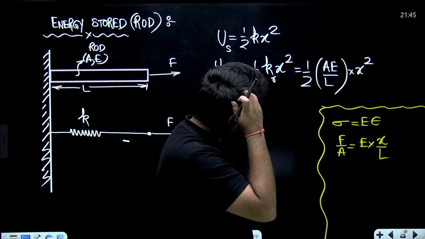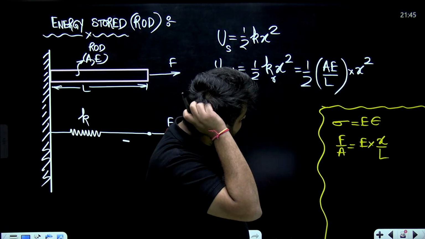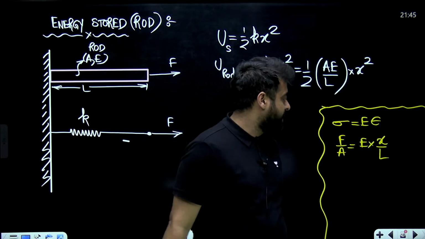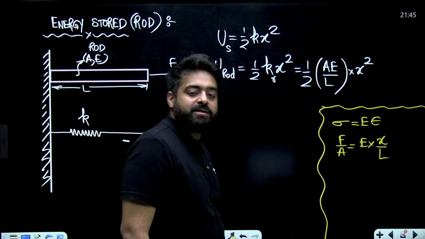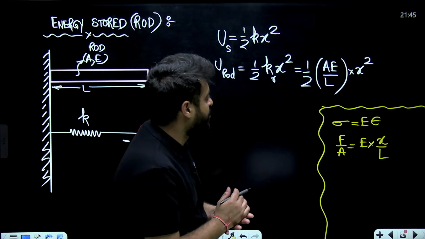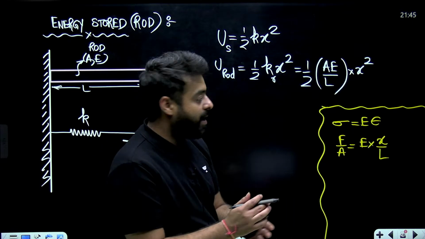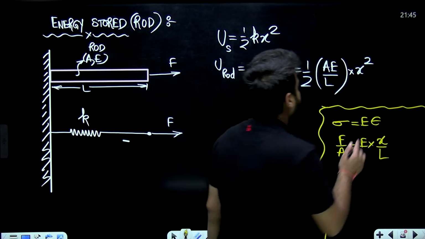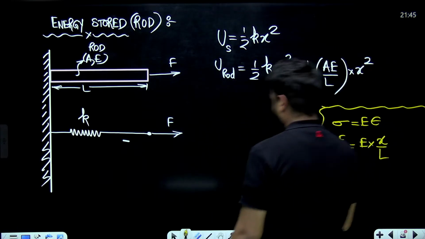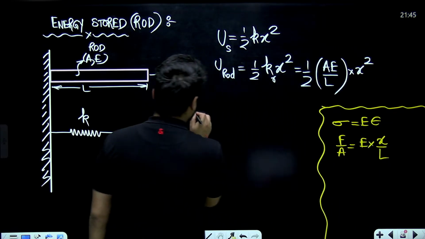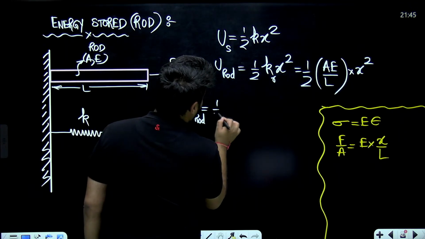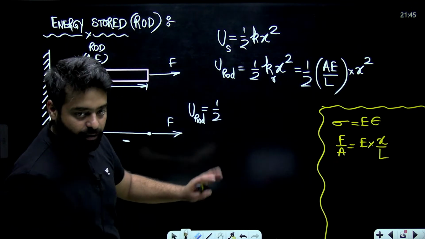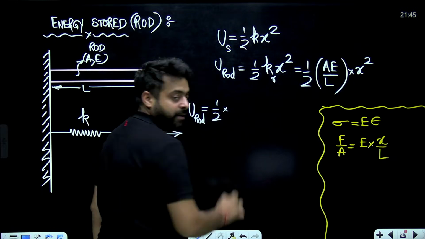If I see very clearly here, somehow if I multiply L in the above side and bottom side both, in the next line, for the U of the rod, I know half is there. Now please see this part.